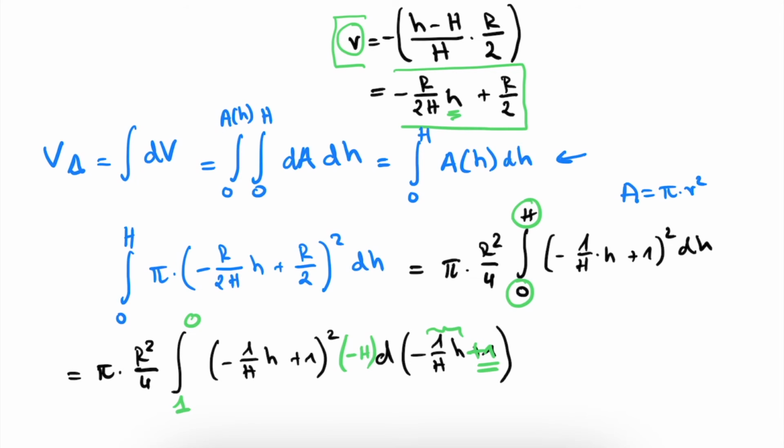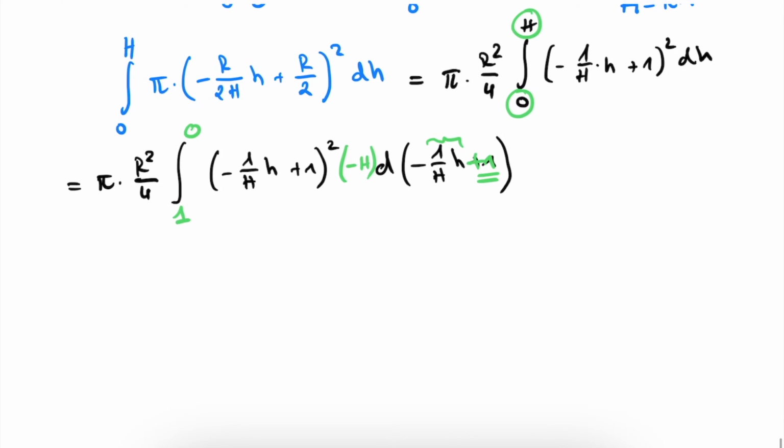And this is very similar to the exercise on the pyramid that we did before. So we get pi multiplied with R squared divided by 4 multiplied with minus capital H, which is this compensation factor, multiplied by the integral from 1 to 0 of u squared du.